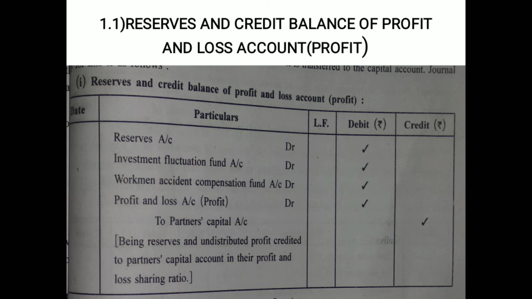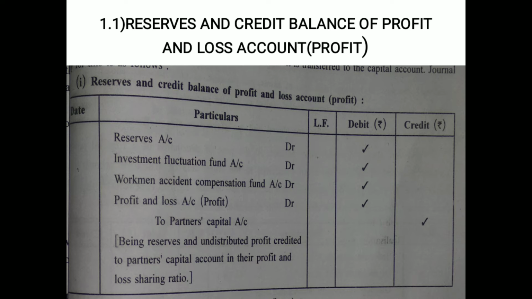If you remember, whenever you want to close any particular account, you need to give the reverse effect. Say for example, if you want to close a purchase account, it is closed in the trading account. We have understood this in journal proper.